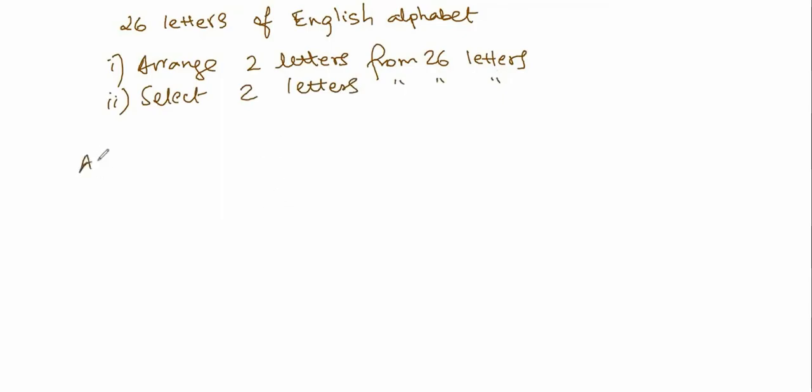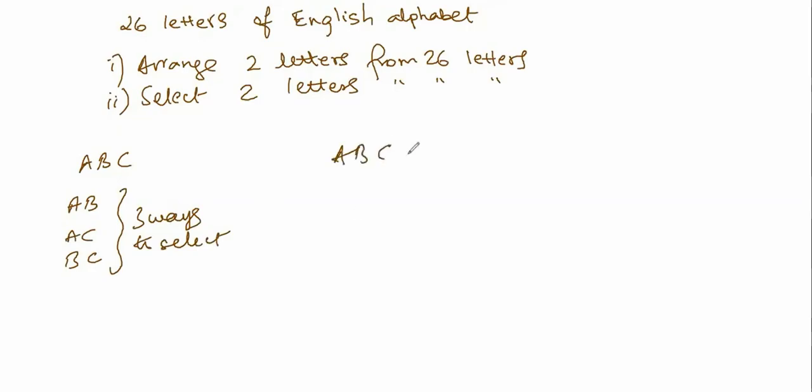As long as there were 3 letters and you had to select 2 letters from the 3, it was easy. You know, AB, AC, BC. And when you wanted to arrange 2 letters out of the 3 letters, then it was AB, BA, AC, CA, BC, CB. 6 ways.